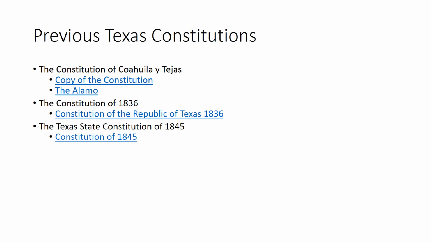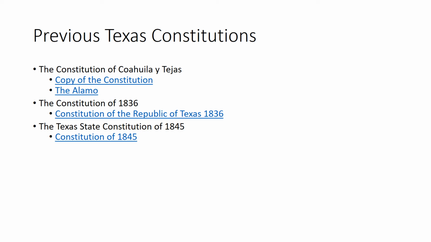Under the Constitution of 1845, other appointment powers given to the governor included the power to appoint the state attorney general and the secretary of state. All appointments were subject to the approval of the Texas Senate.